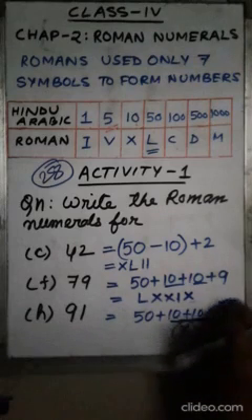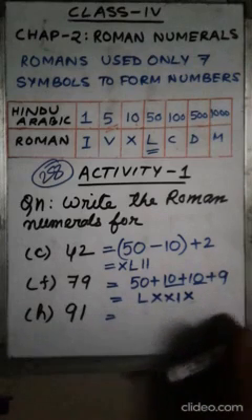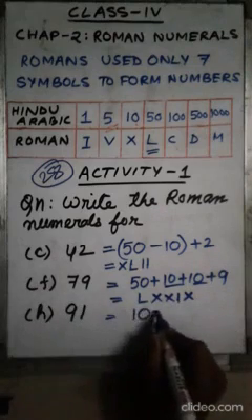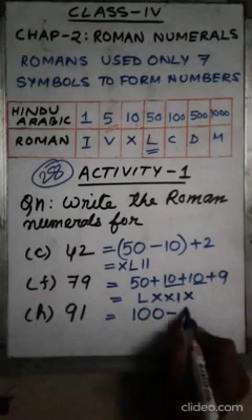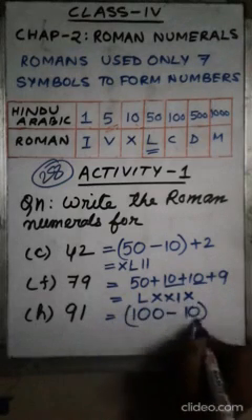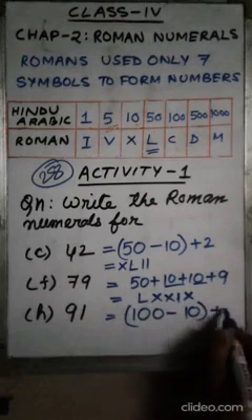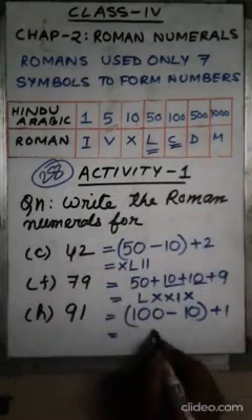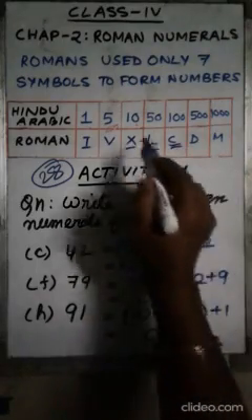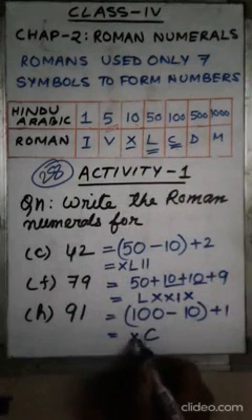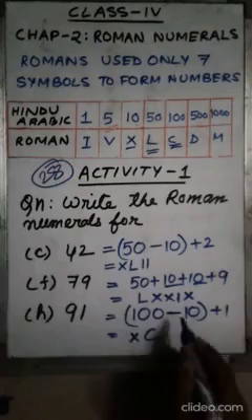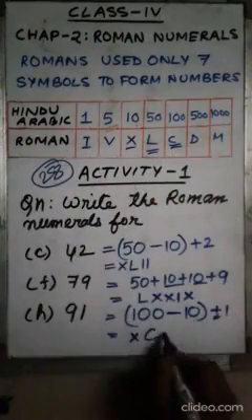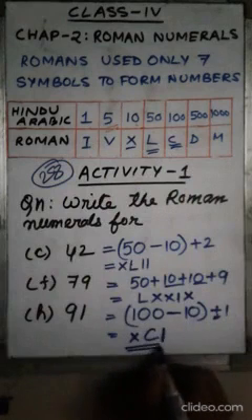Therefore, what do we have to do? For writing 91, I have to subtract 10 from 100 to get 90, so 100 minus 10 plus 1. So 100 is this symbol, then I have to write this before it because it is minus, and 1 is plus, so 1 is this.